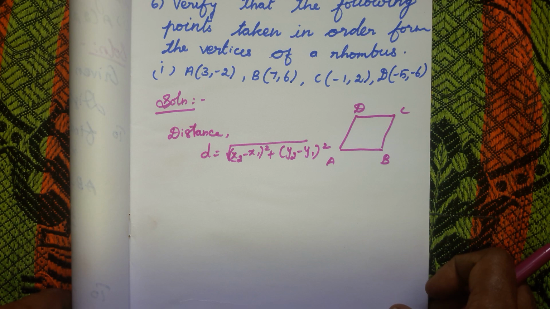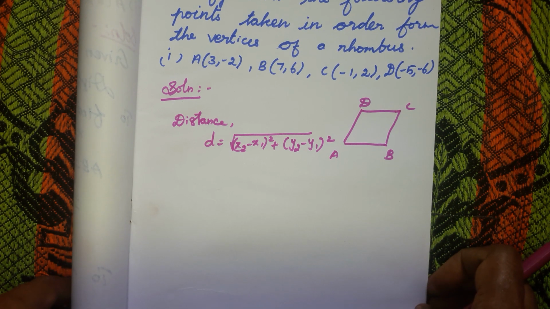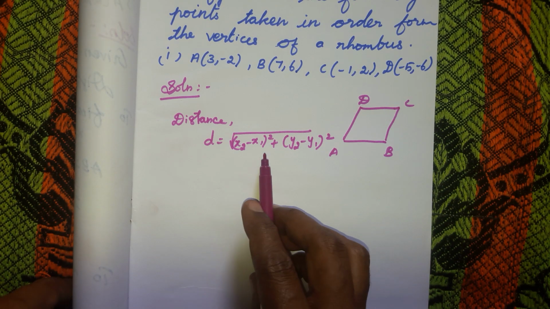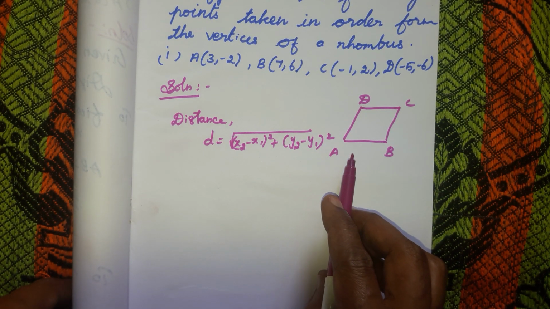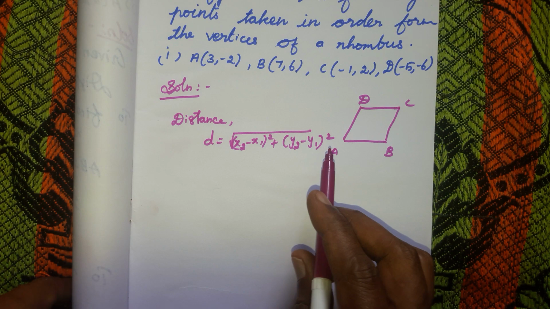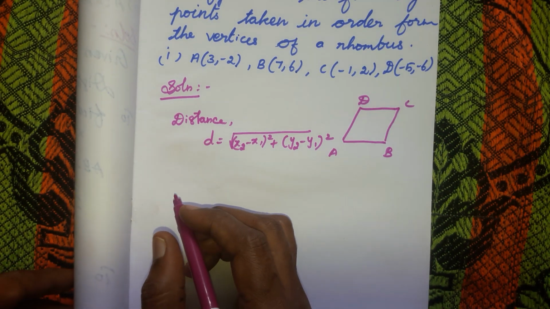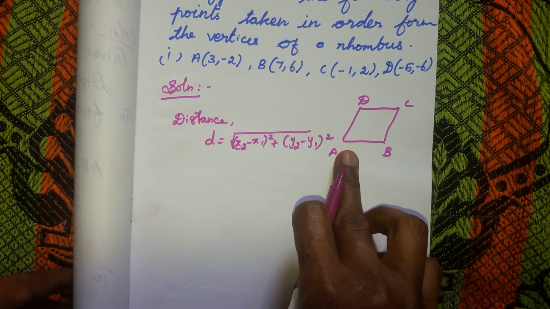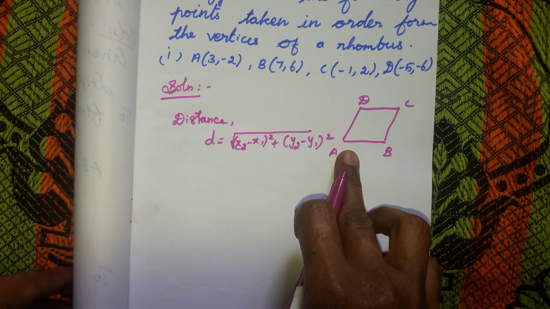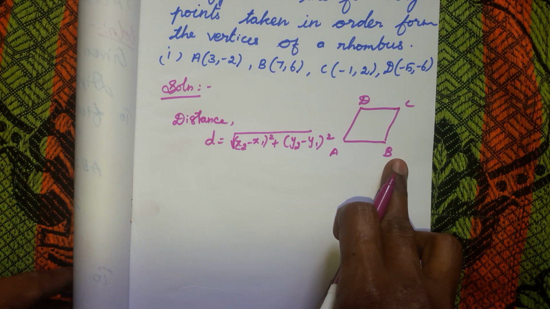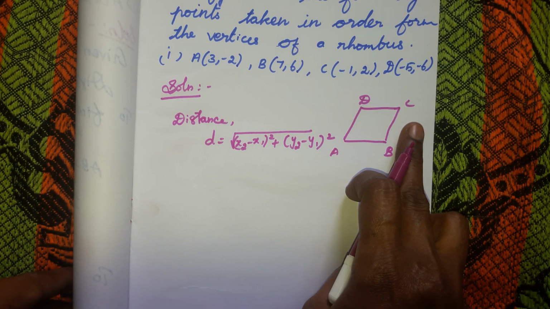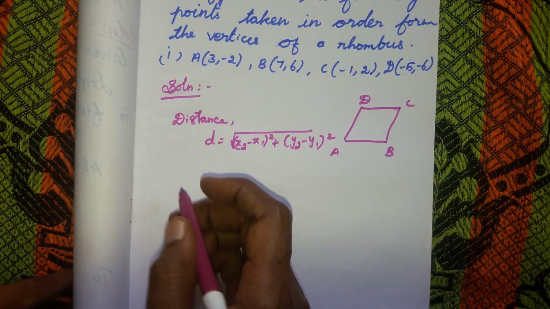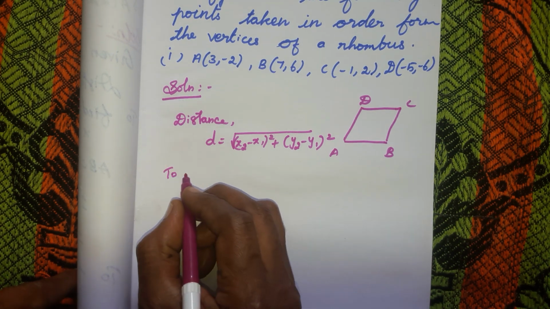It is the distance formula. Now we want to find the sides AB, BC, CD, AD. If all the sides are equal, we know that the given points form a rhombus. First, to find AB.